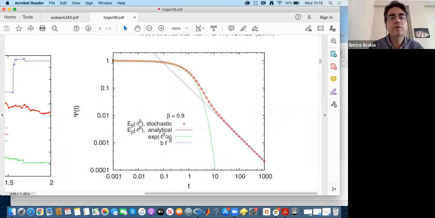It's a survivor function, so it's starting from 1. But you see that for large times, it has a power law behavior.